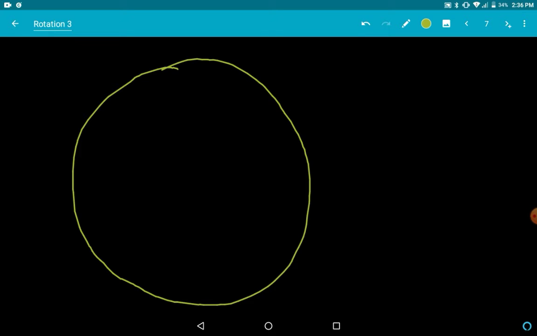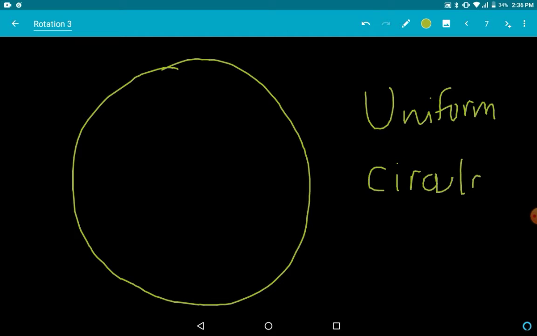Now we are starting with the topic. If you see a circle, let me redraw this. Circle. This is what we are talking about: uniform circular motion.